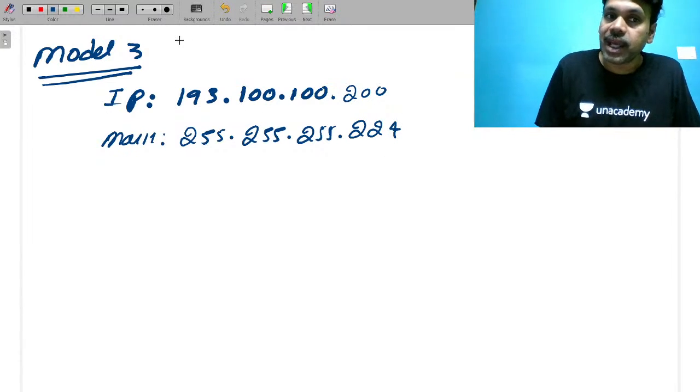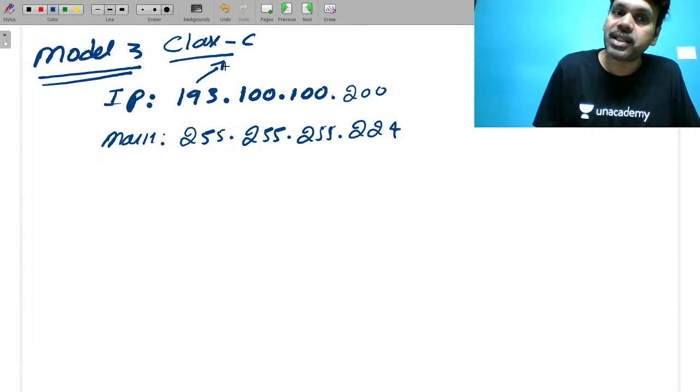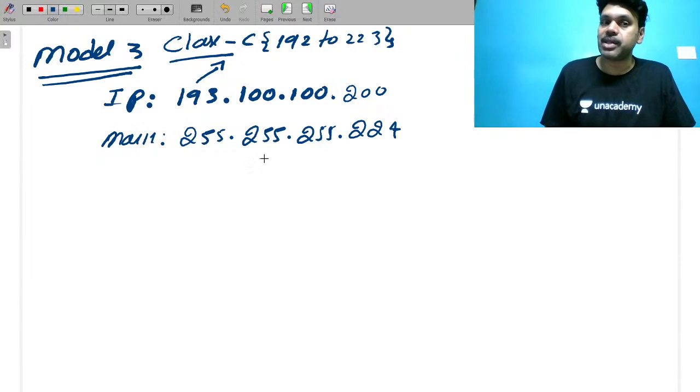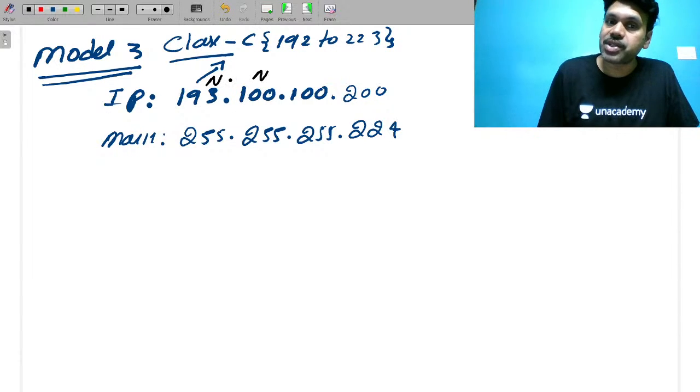Now you see, this is a class C network because 193 belongs to the 192 to 223 range. So when you identify that this is class C, the first three octets are NID, and only the last octet is eligible for HID.